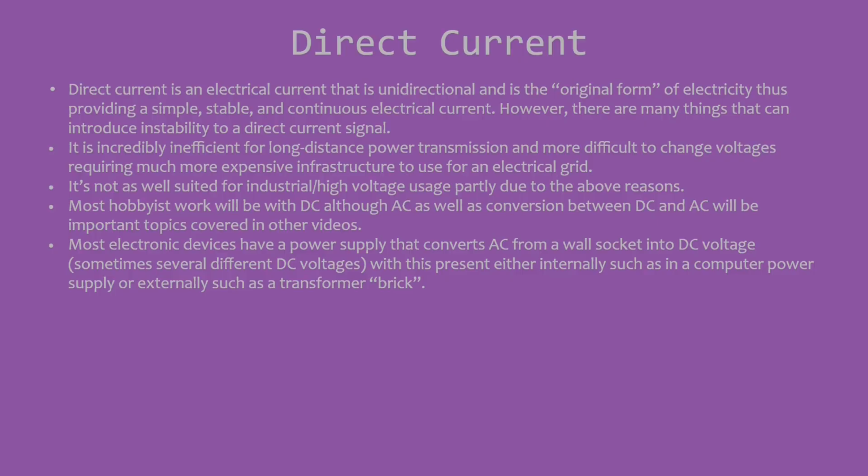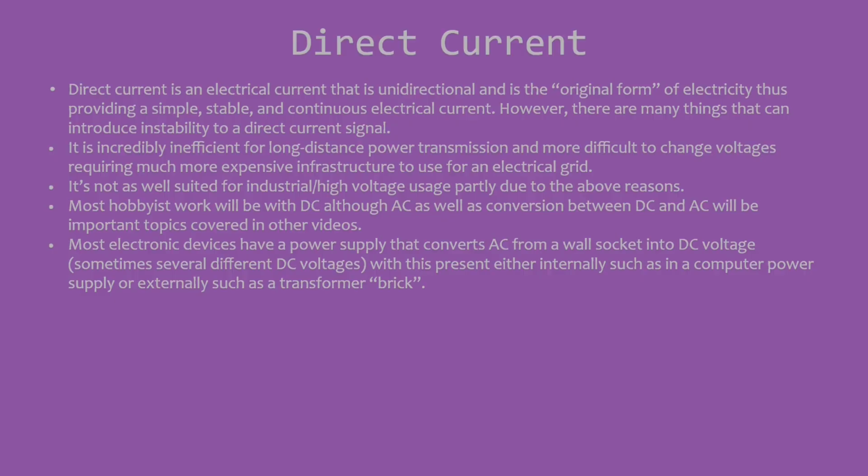It's also really not good for generating high voltage in situations that you might find in various industries. Regardless of that, in hobby and small electronics, we'll basically just be doing direct current using batteries and adapters and whatnot. Although I will mention alternating current from time to time. The good thing is conversion from AC to DC is really easy and it's commonplace in everything you use on a daily basis.